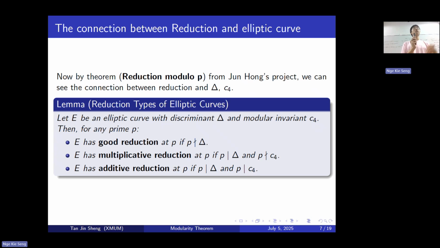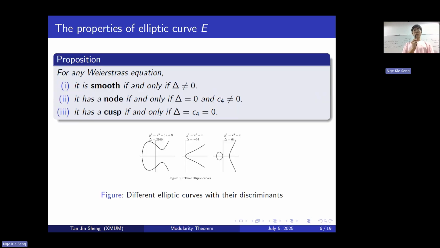It follows from the theorem. Follow from the theorem of reduction. Good reduction represents a smooth curve when given the prime P. There are a lot of examples.